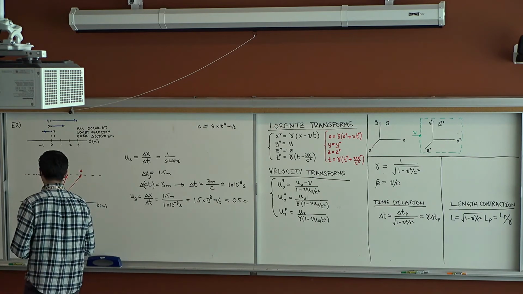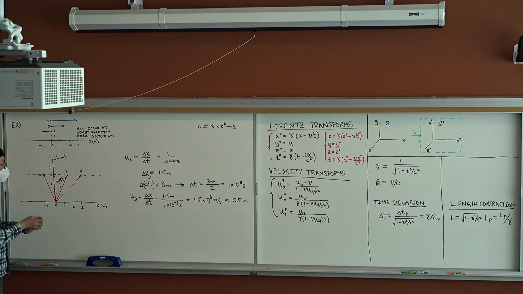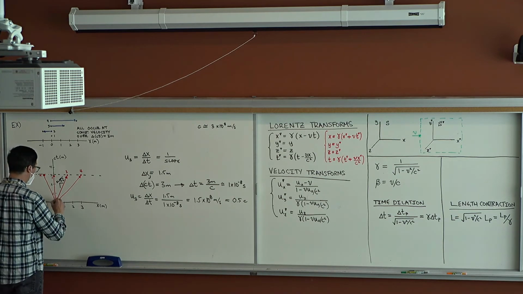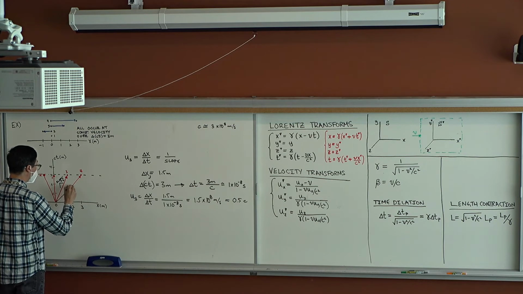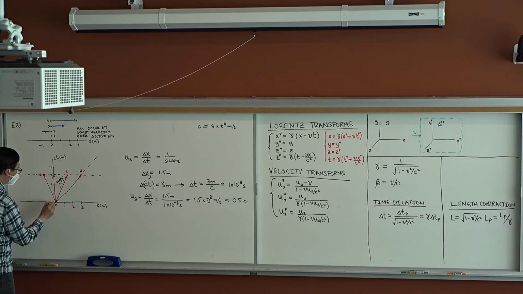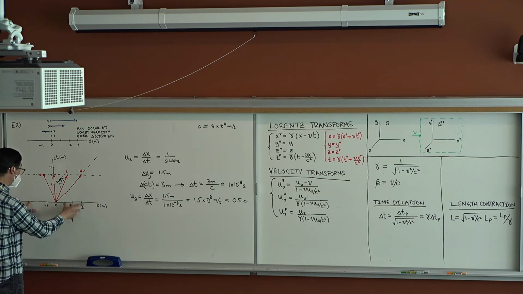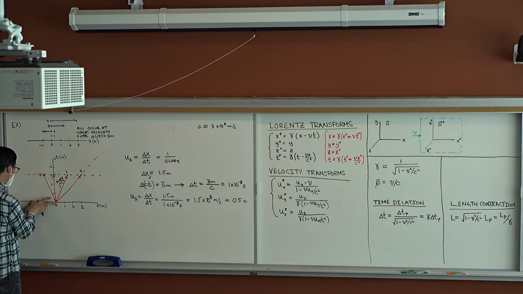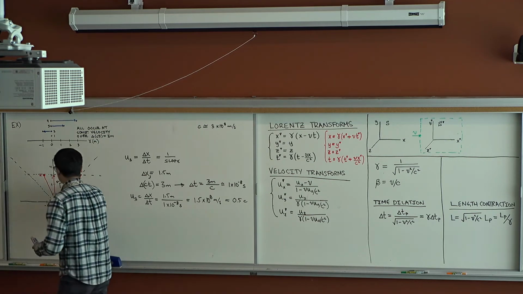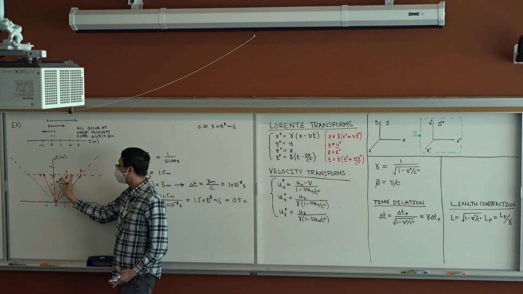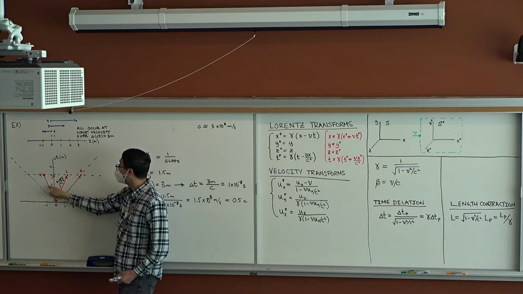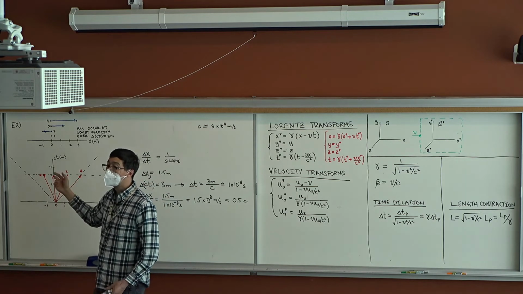In fact, we are usually going to do something like this, where all particles have to have world lines with slopes between these two dashed lines, because it's slower than light.